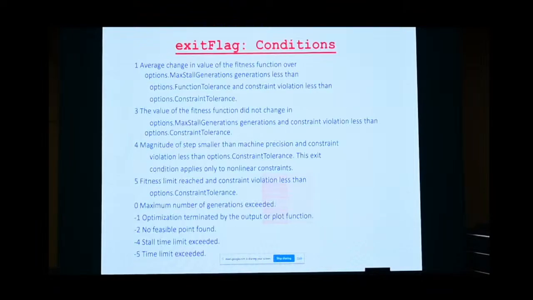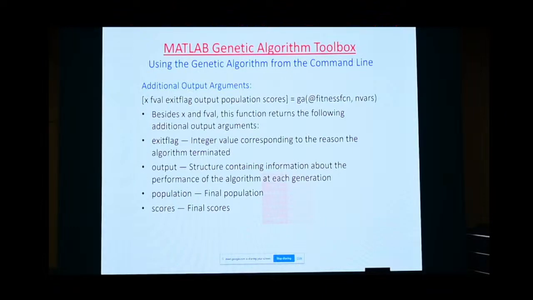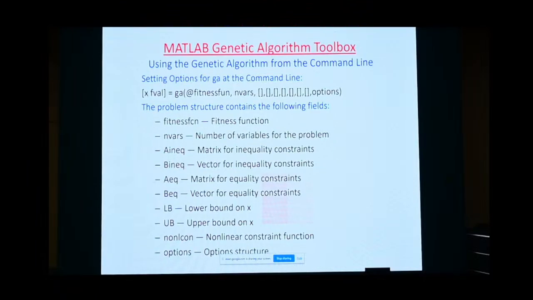Next, there are many conditions here. This we will skip. Next, this is the same thing. Next, population score. We will take some problem, then it will be more interesting. Next, the same thing is repeated here.